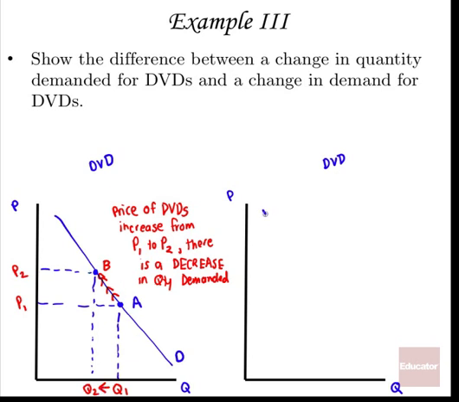All right, here we're going to show a situation in which there's a change in demand for DVDs here. Let's say the price of Blu-rays decreases. What's going to happen?